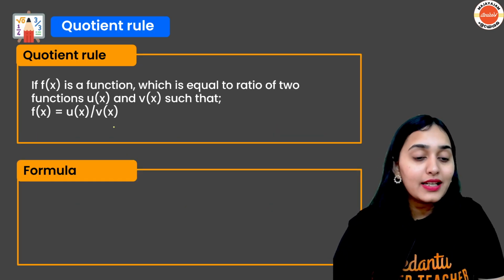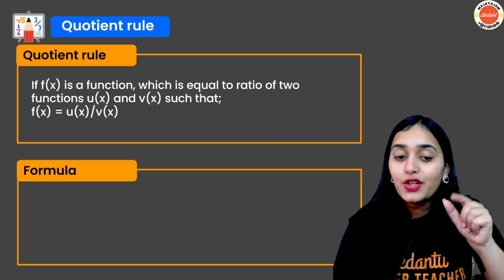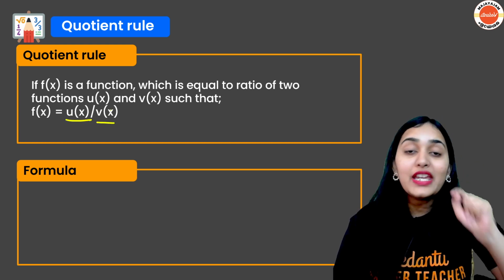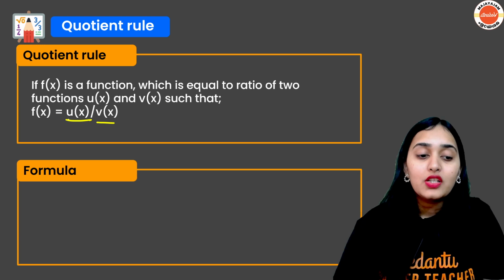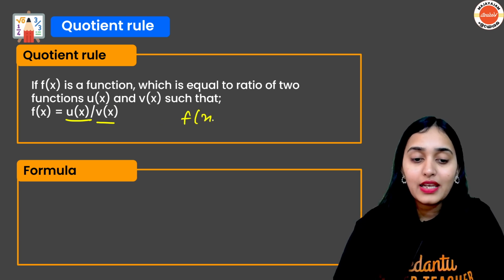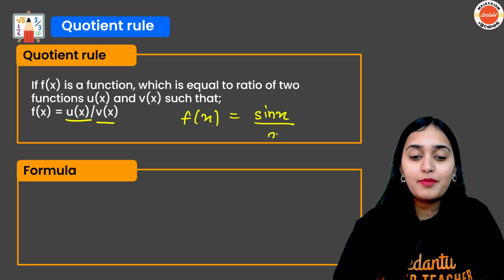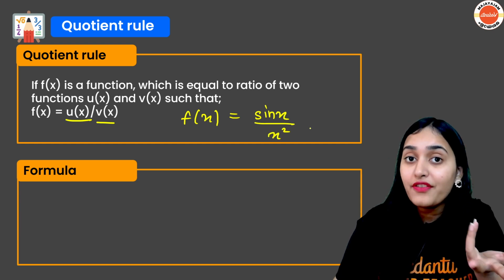Now similarly, if you are dividing two functions, u(x) divided by v(x), what will you do? So here, suppose your function is, let's say, sin x divided by x square. So how will you differentiate it?